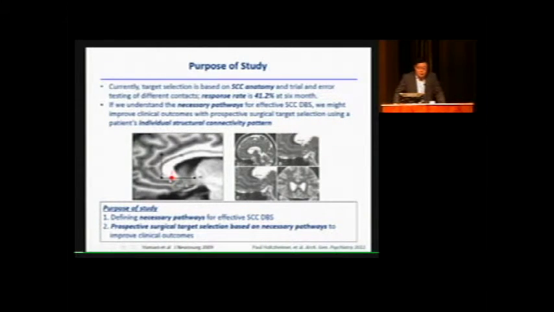However, if we understand the necessary pathway for effective SCC DBS, we might improve clinical outcome with prospective surgical target selection using a patient-specific, individual structural connectivity pattern. So our purpose is, first, defining the necessary pathway for effective SCC DBS, and second, prospective surgical target selection based on the necessary pathway to improve clinical outcome.